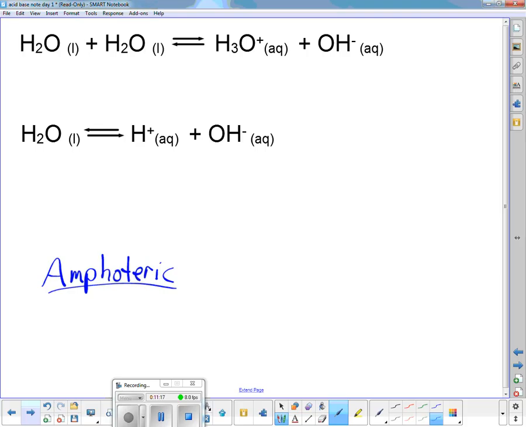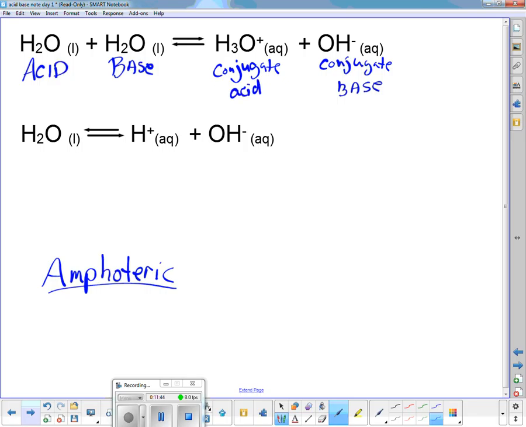All right? So what we're doing here is one of these has to be the acid. One acts as a base. Over here, this is going to be my conjugate base, and we're going to talk about this in a minute. And this is going to be my conjugate acid. What in the world am I talking about? Conjugate just means if I went backwards.